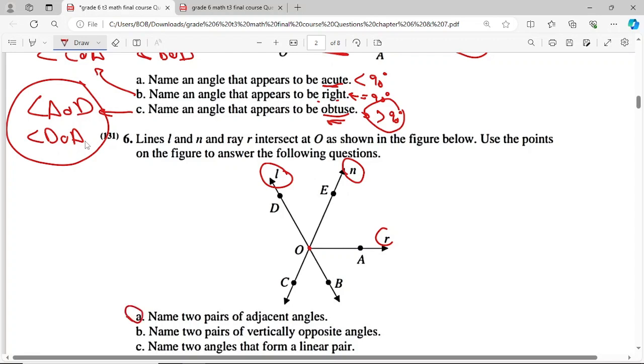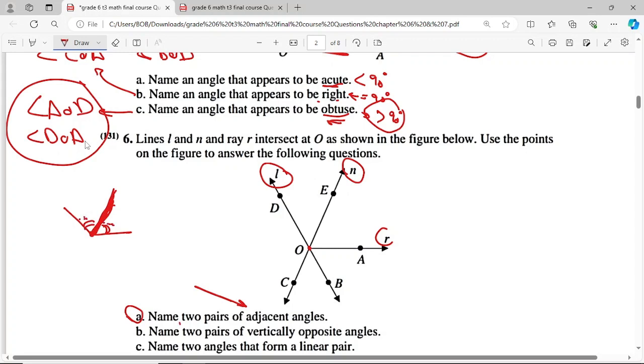First question, name two pairs of adjacent angles. Adjacent angles, what does it mean? They have the same endpoint and share one side. For example, this angle and this angle have the same endpoint and share one side. So these two angles are adjacent.